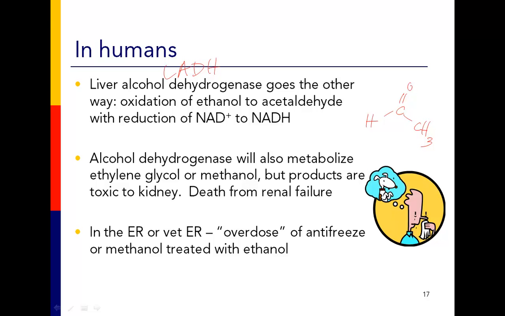And so if you give your liver alcohol dehydrogenase enough other stuff to do, it will bind to the ethanol instead of the methanol or ethylene glycol, and those other molecules will just flush through. I don't know that this ever actually happens, but there was an episode of ER one time where they gave an intravenous drip of straight ethanol. So I would think you would have the world's worst hangover the next day, but you would be alive. Okay, so that's a good thing.